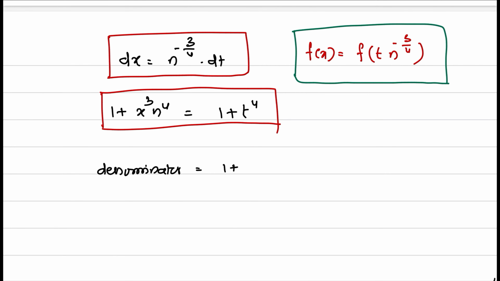We have written it wrongly above; it is n cube into x to the power of 4. That can be written as 1 plus t to the power of 4. We are only simplifying.